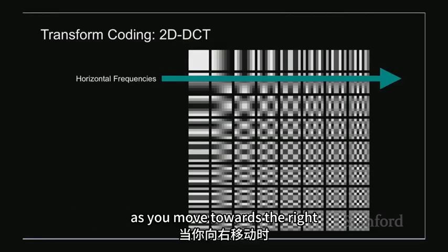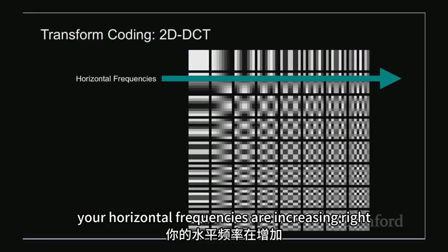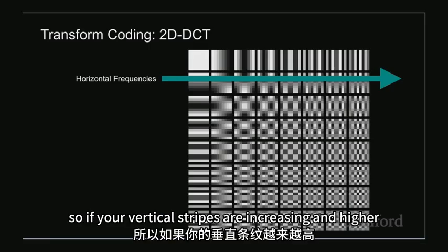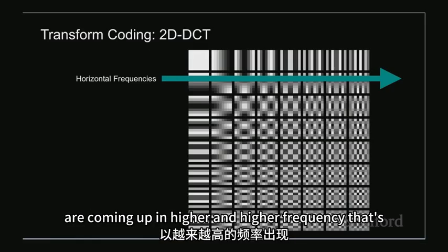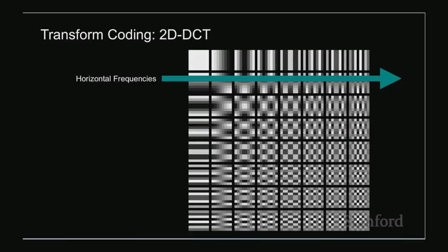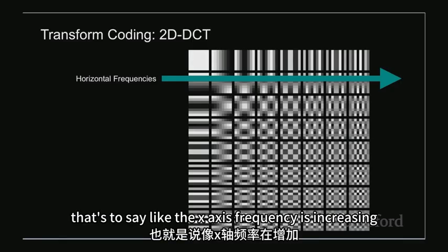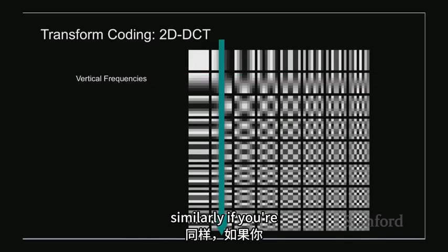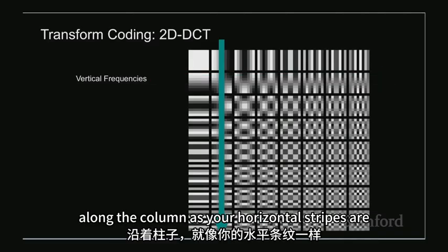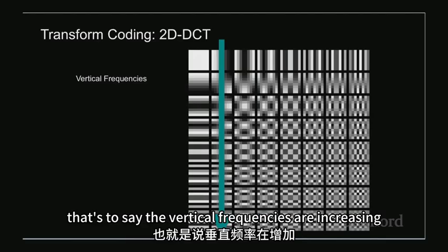As you move towards the right, your horizontal frequencies are increasing. So if your vertical stripes are coming up in higher and higher frequency, that's to say the x-axis frequency is increasing. Similarly, if you're along the column, as your horizontal stripes are increasing in frequency, that's to say the vertical frequencies are increasing.